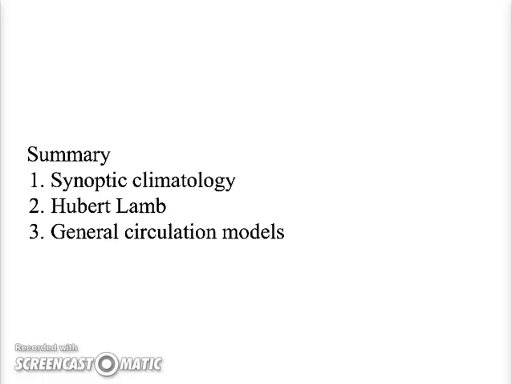Among the best-known and most widely used classifications are those of Hubert Lamb for the British Isles and the Grosswetterlagen of Hess and Brezowsky for Europe. Both have been made into objective schemes and kept updated.